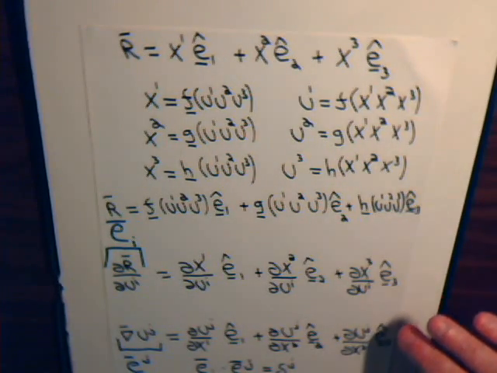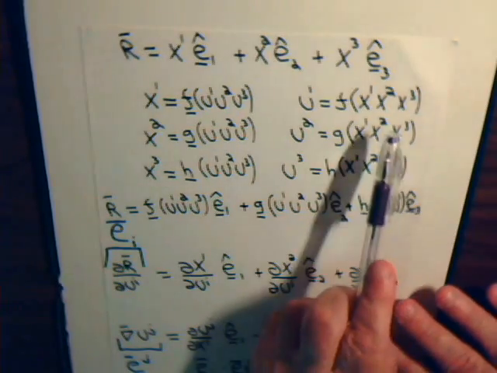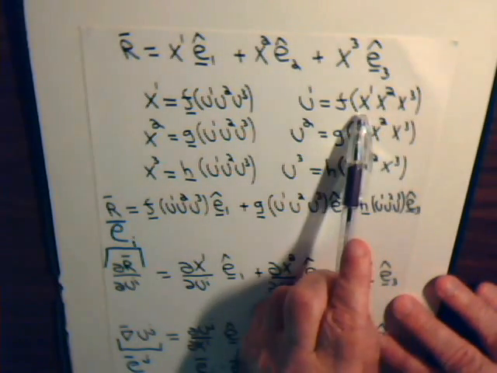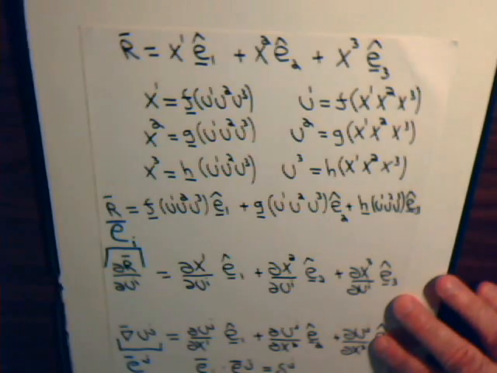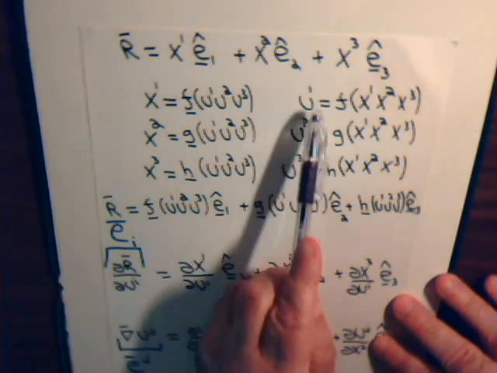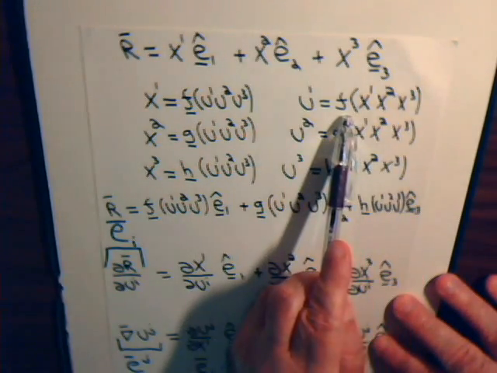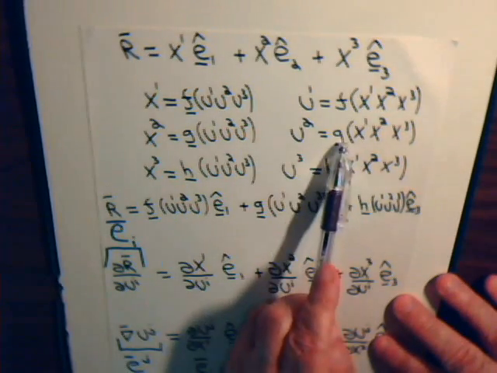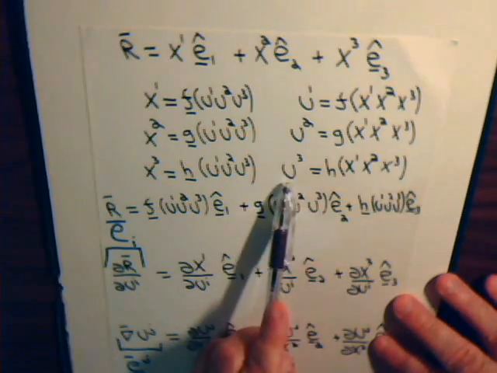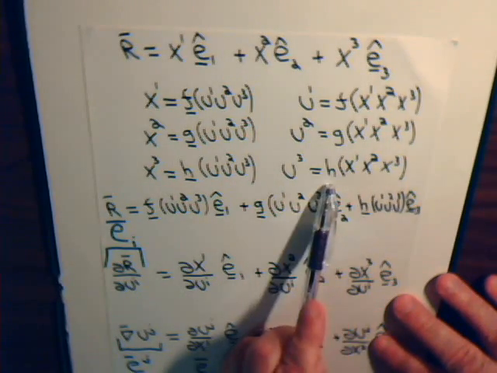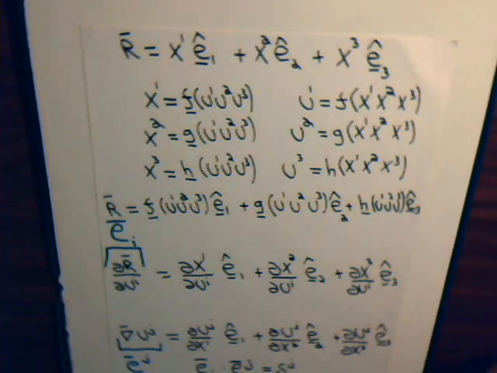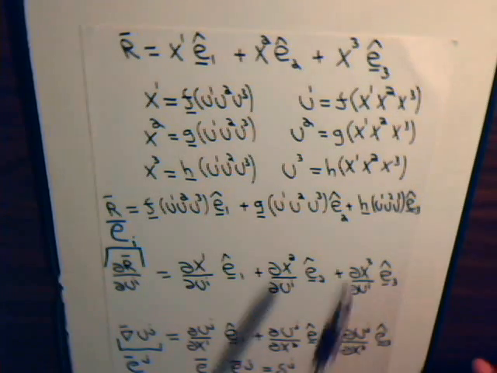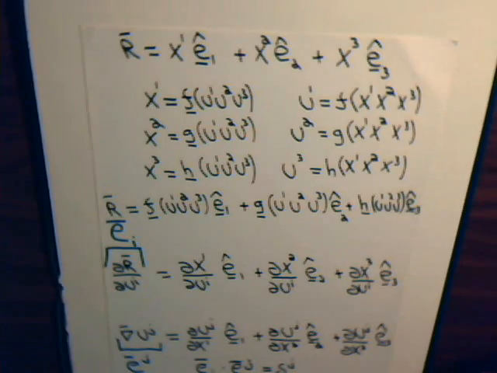Likewise, if we know the Cartesian coordinates, then the curvilinear ones are different functions of them: u1 is a general function of the Cartesian coordinates, u2 is a different function, and u3 is a different function. And again, in the last video, we used spherical coordinates to give specific examples of these transformation equations.